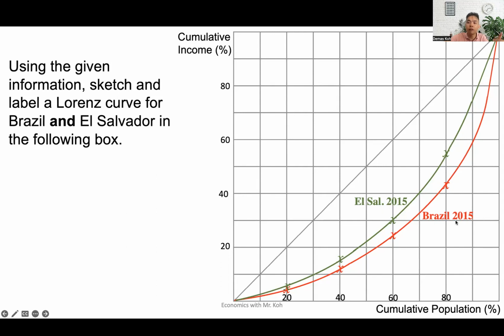You could, for example, have Brazil 2015 and Brazil 2018 and see how income inequality has changed over time in Brazil.